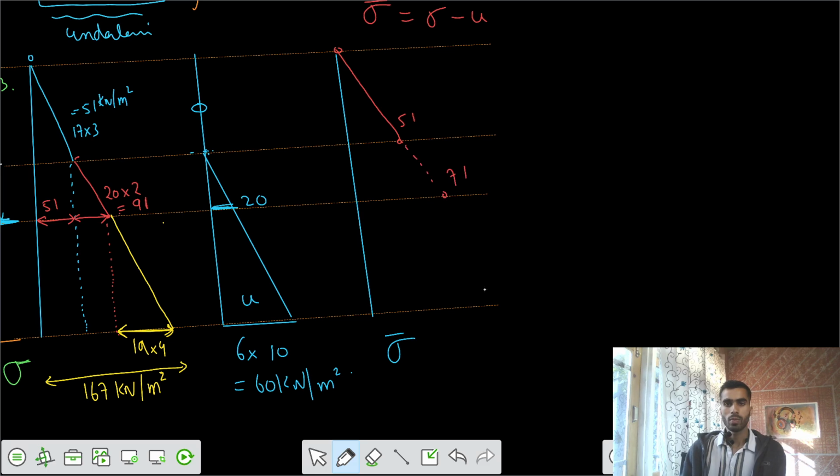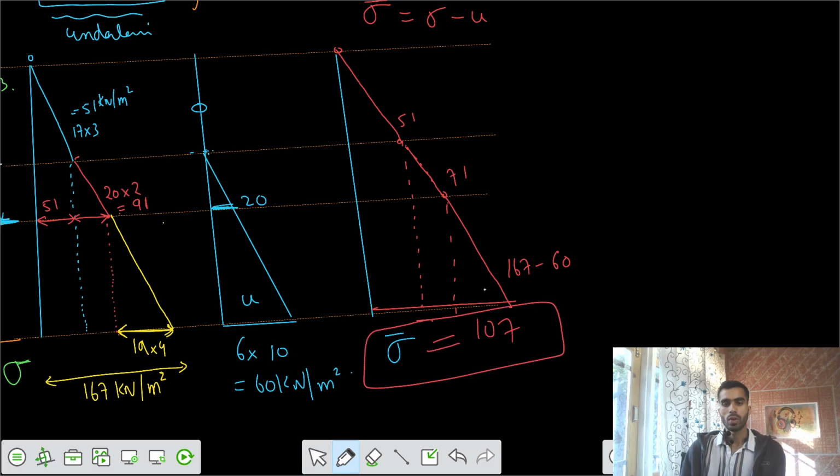Let's say the slope here is different. After that we have 167 minus 60 as the final value. The difference of the two is 107. So the total effective stress at the bottom of the clay layer is 107 kilonewton per meter square.